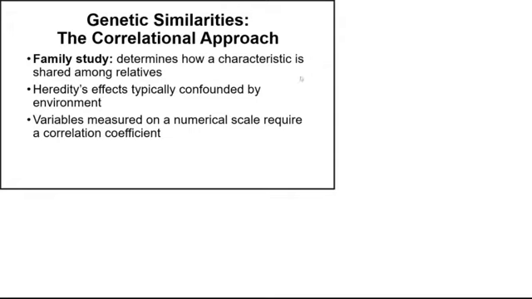And at the bottom there, we make a note that if we've measured our variables using a numerical scale, we could report our results as a correlation coefficient. So we could report a correlation for how likely someone is to have a disorder if they're related to someone else who has the same disorder. We don't get into the calculations of that, and that's fine.